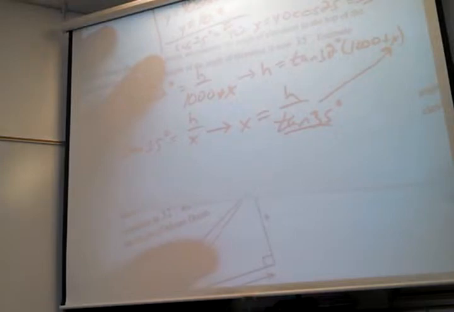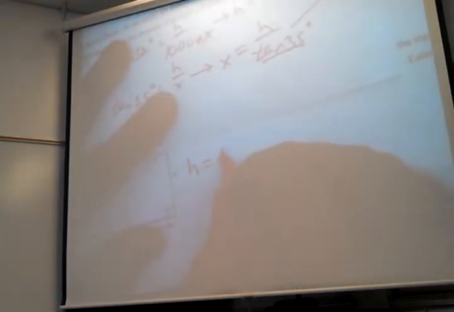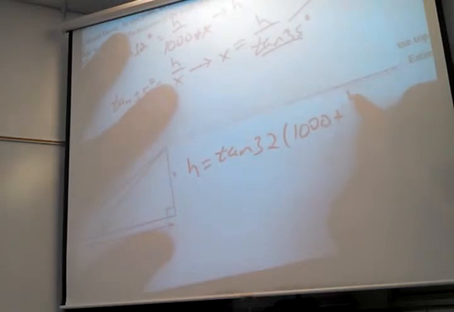I love it. It's just a number. It's like ln of 14.8. You just bring it with you. You don't care what it is yet. It makes it easier to carry it around with you. Okay, so what's this going to look like here? If I have h equals tangent 32 times 1,000 plus, and here's what x is.